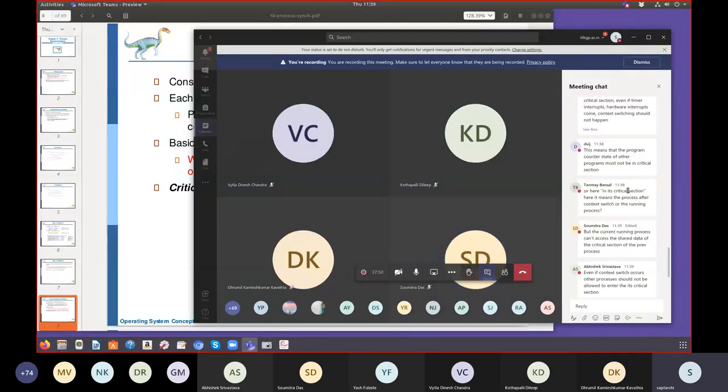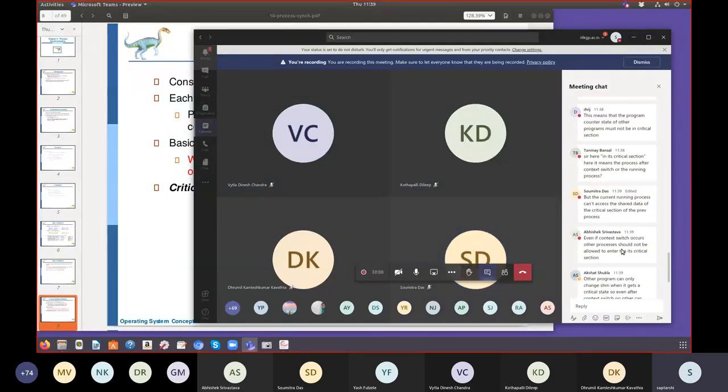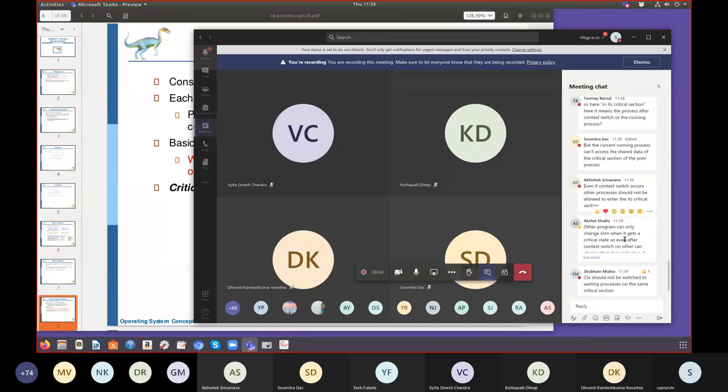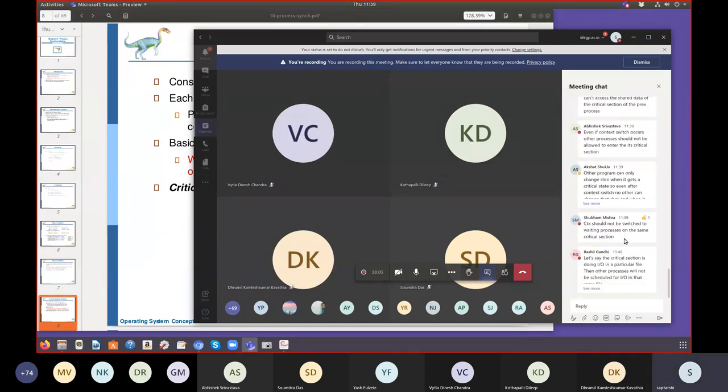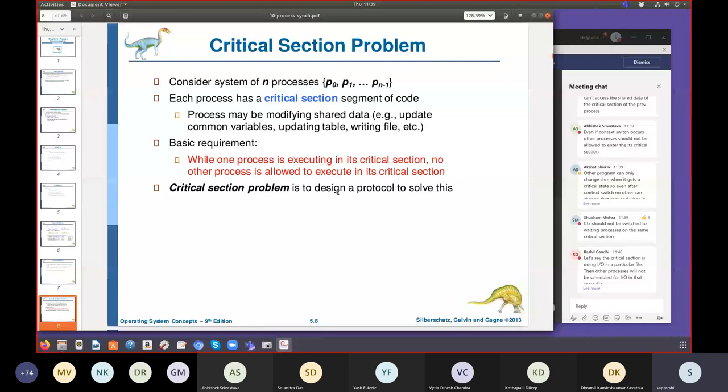What Vij pointed out, and what Soumitra and Abhishek also said, let me now explain. It's clear that only one process is executing at a time. But let's talk about two processes, PI and PJ. Suppose PI started executing its critical section.